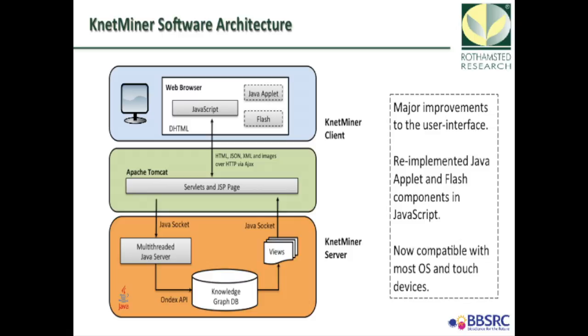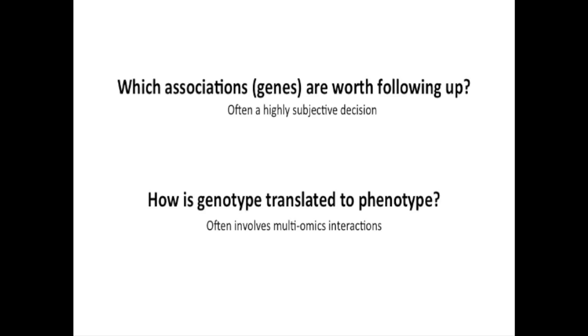The main questions I'm going to really focus on now are: once you've done your GWAS or your RNA-seq experiment, which associated genes are worth following up? This is quite often a very subjective question, and biologists often make very subjective decisions without evaluating all the knowledge about candidate genes.